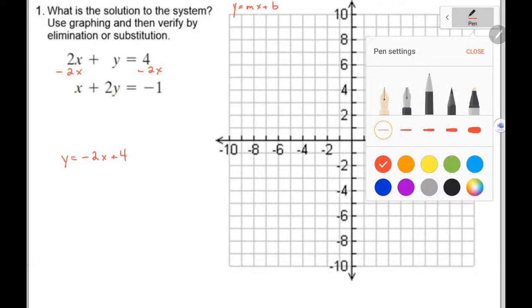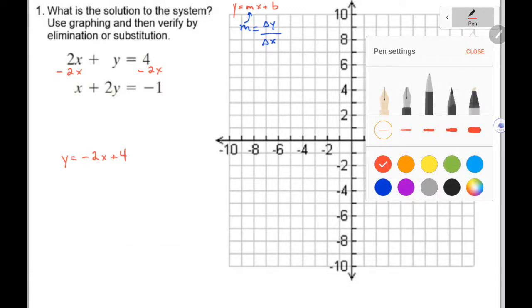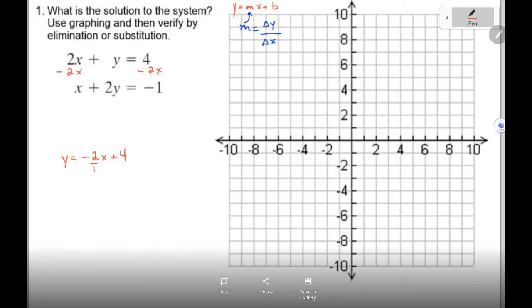And I'm hoping that you remember that m is the slope, that m right there, and that equals the change in y, how much it goes up and down, over the change in x, how much it goes side to side. Alright, and you look over here, and you say, well, there's nothing on the bottom, so it must be 2 over 1, right?